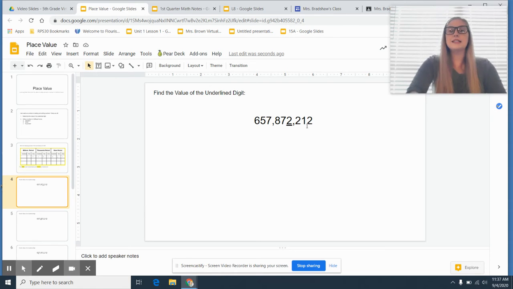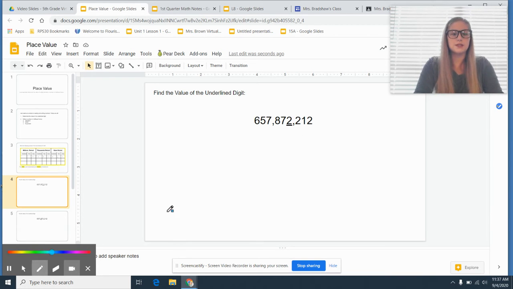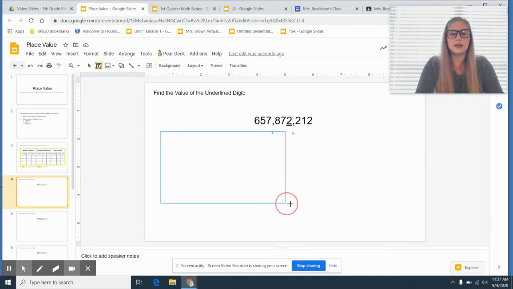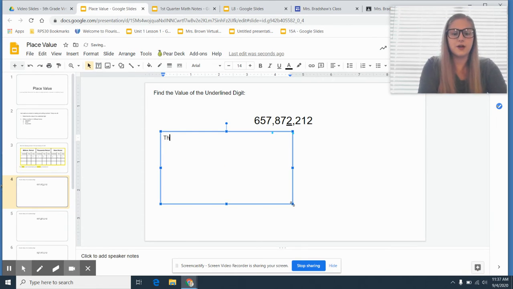So when I'm asked to find the value, I have to figure out what place this is in. So I see it's between 2 commas. So I have a comma here and a comma here. So I know that this number is going to be within the thousands period.